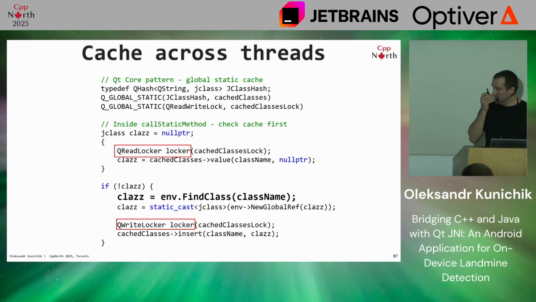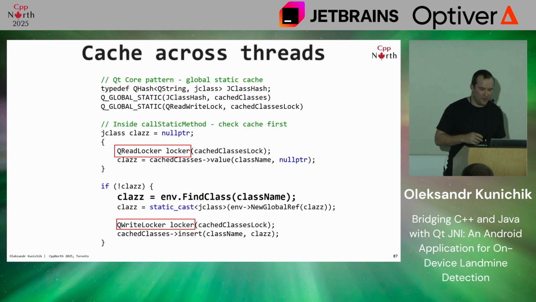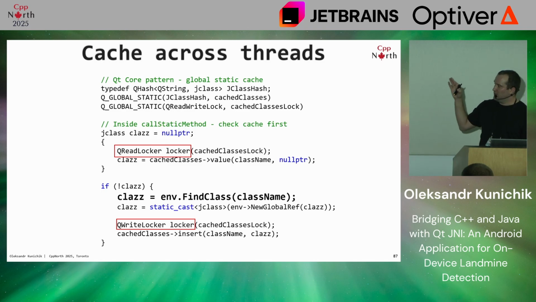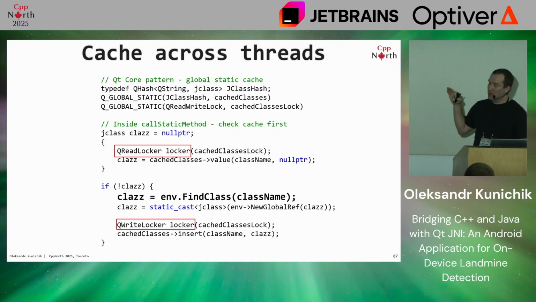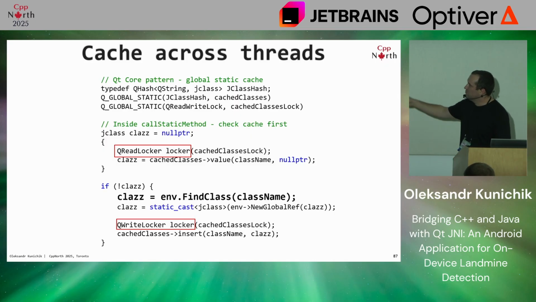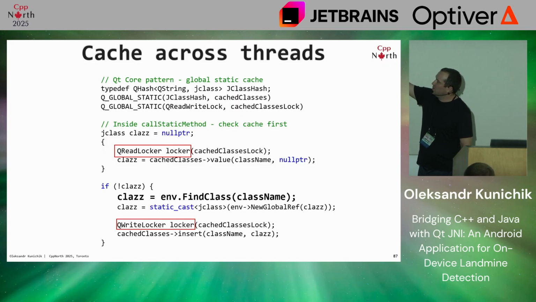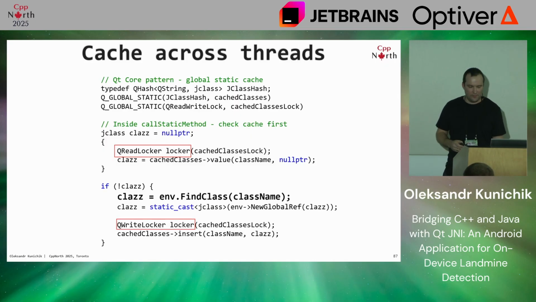So in this example, I'm using QWriteLocker to ensure thread-safe access and exclusive modification of the shared cache. Here we create the cache, make global variables, and then use them.